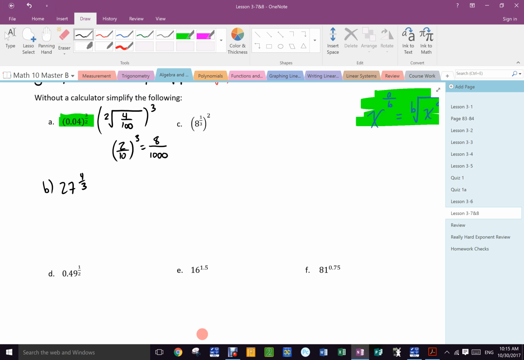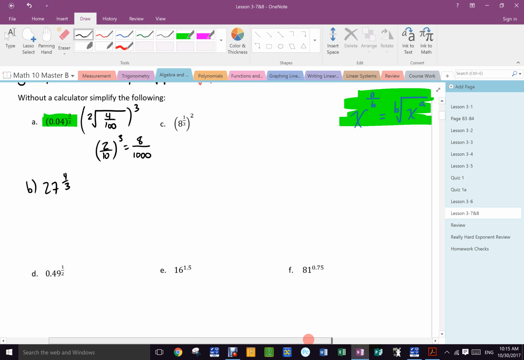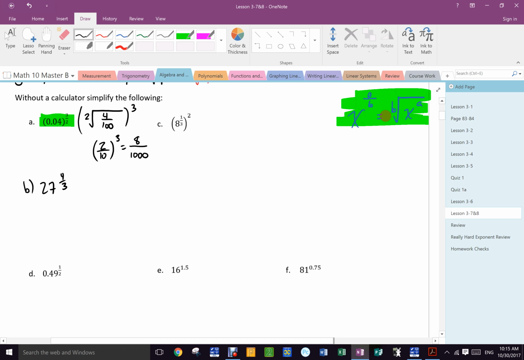Does B look exactly like this? Is it a base to a rational exponent? Yes. So the denominator becomes what? The index. Square root, what goes under there? The base. And all that is to what power? 4.